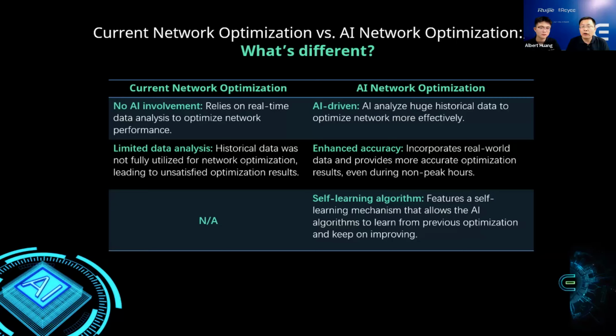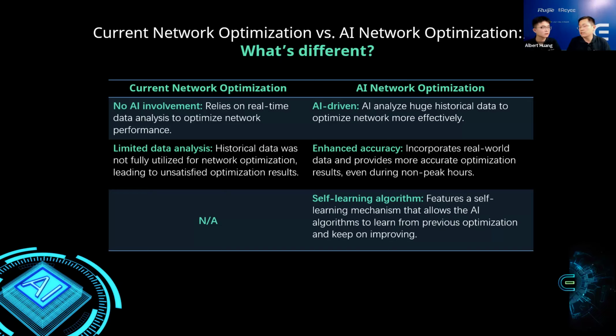And the third point, we have a self-learning method. Because if the feature keeps running day after day, our AI system will collect the data of these days and keep improving.